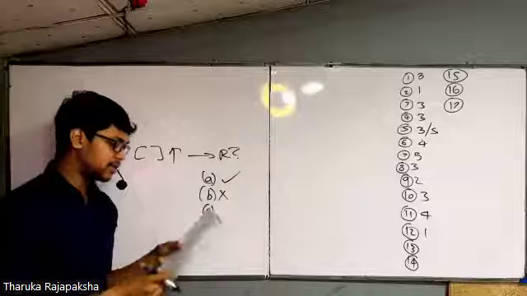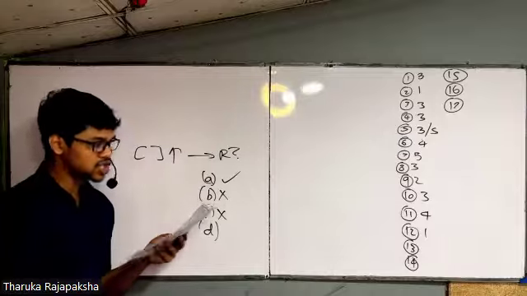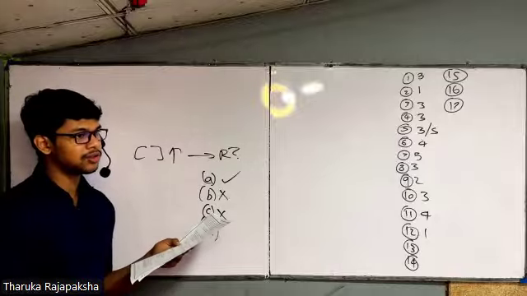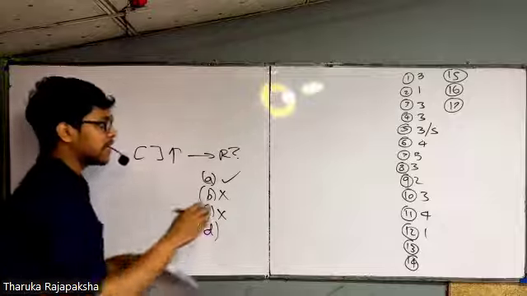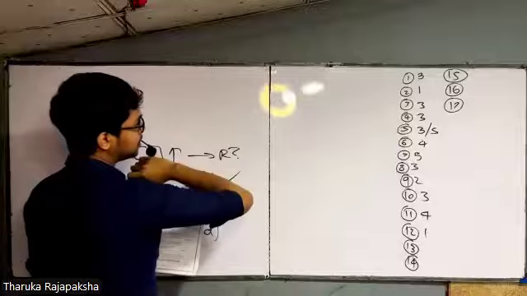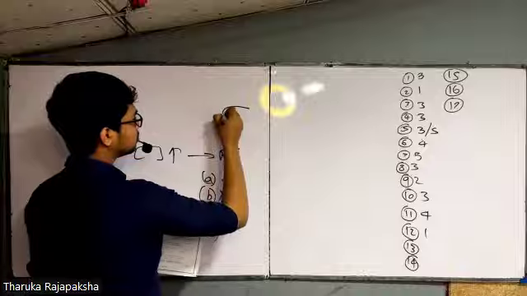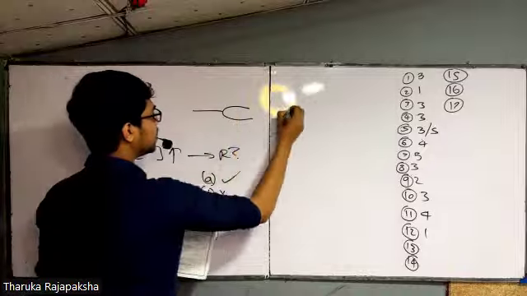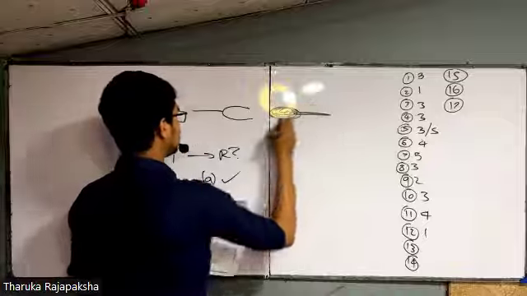Energy of the collisions increases. No. D: the fraction of molecules with the correct geometry increases. Correct geometry means the proper orientation. Take it like this.